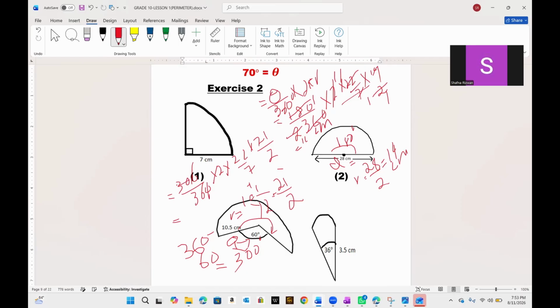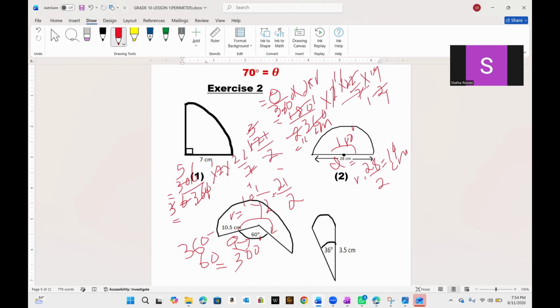Here, if you cancel 300 and 360, 0, 0 cancel. 30 means how many times? In 6 we can take 5 times. 36, 6 times. 6 and 2 we can divide. 2 divided by 2, 1. 6 divided by 2, 3. And then 7 here at the bottom, 1 time, 21, 3 times. The 3 up and the 3 bottom we can cancel.